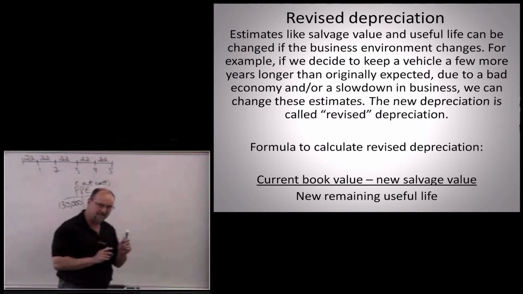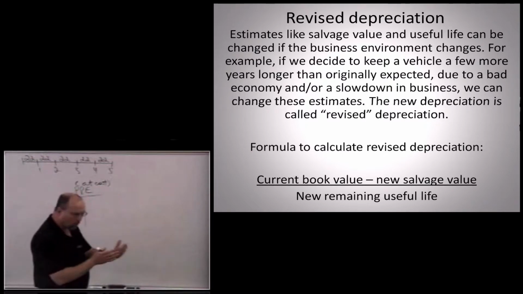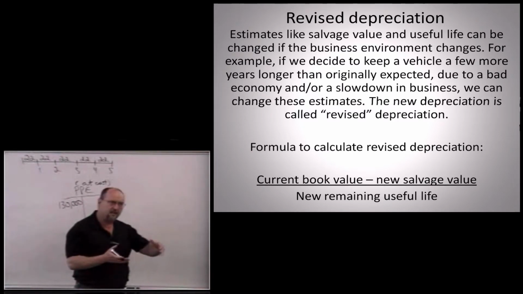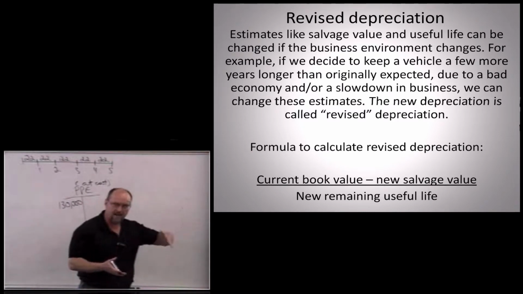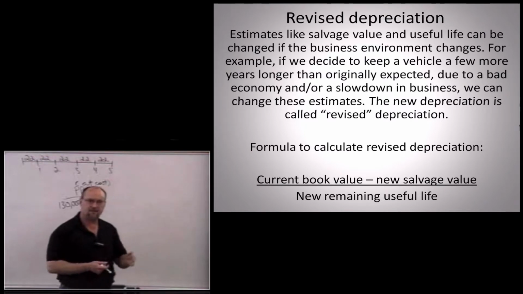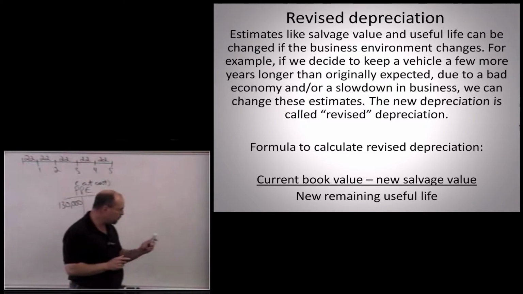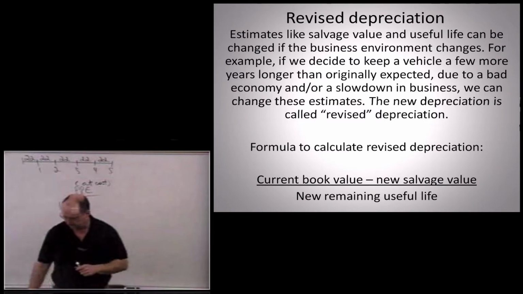And here's where you have to be careful, because depending upon what example you're looking at, they may give you the original years and then the new estimate for total life, or they may simply say these are the remaining years. You have to be careful in how you read the information. Okay, so we're going to take a look at an example to apply this. So new remaining useful life is our denominator.